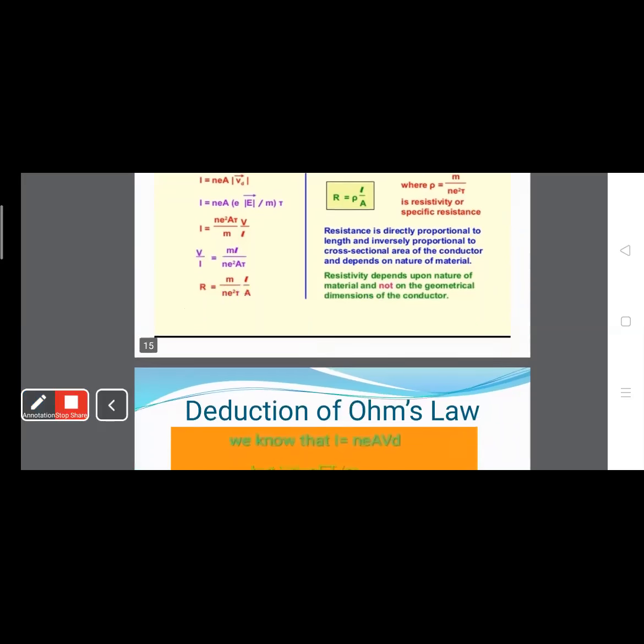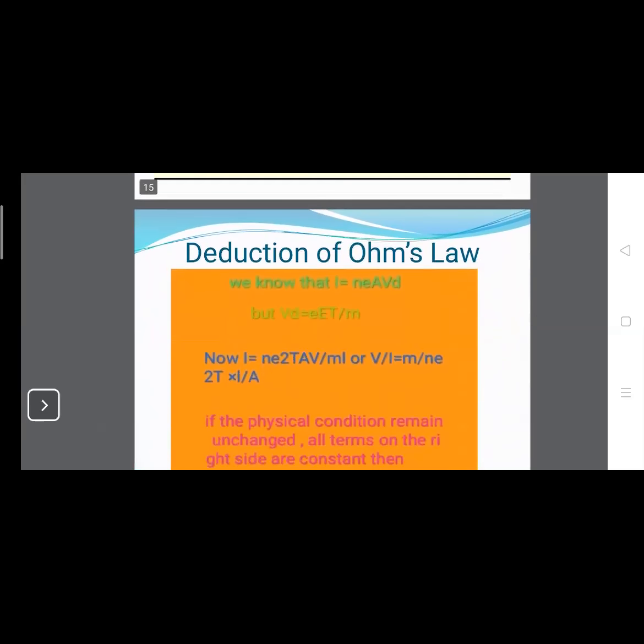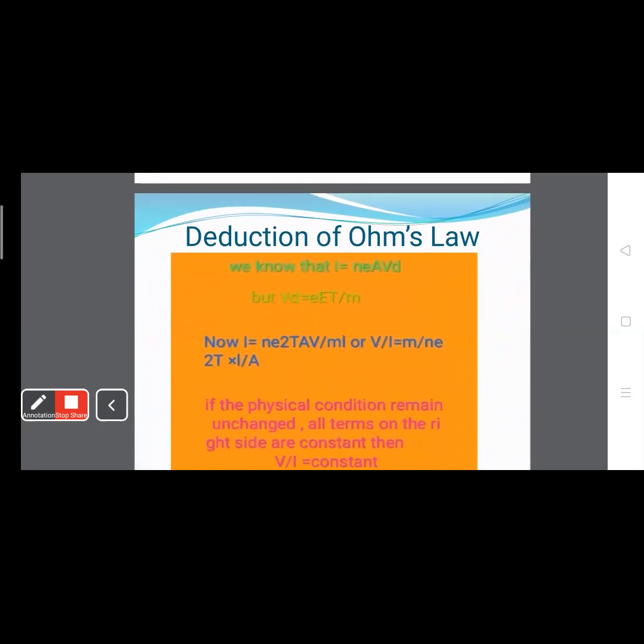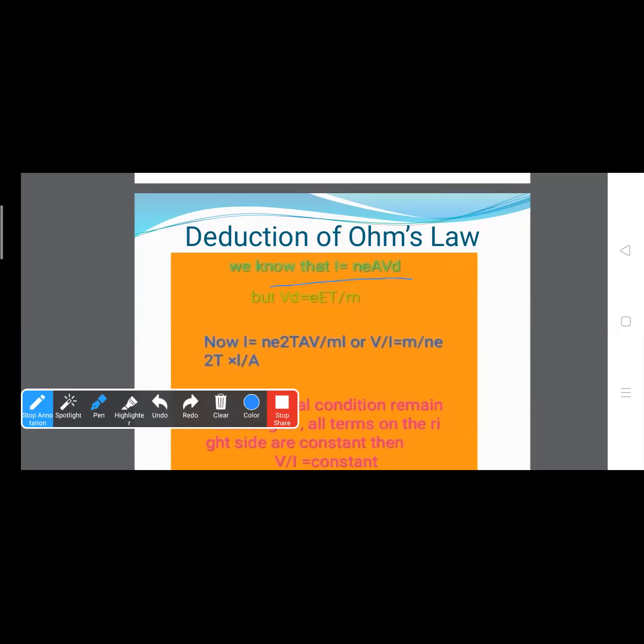So now move to the next point, derivation of Ohm's law. We know the formula of current in terms of drift velocity, which is given by I equal to nAeVd.